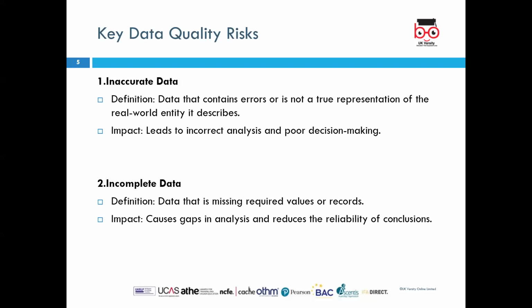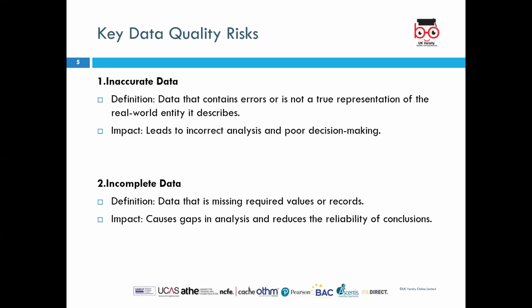So what do we mean by key data quality risks? We're going to classify all the types of data that are not accurate. These will contain any sort of error, which could be not a true representation of our real world entity. Also, we could have incomplete data, where some values or characters might be missing.